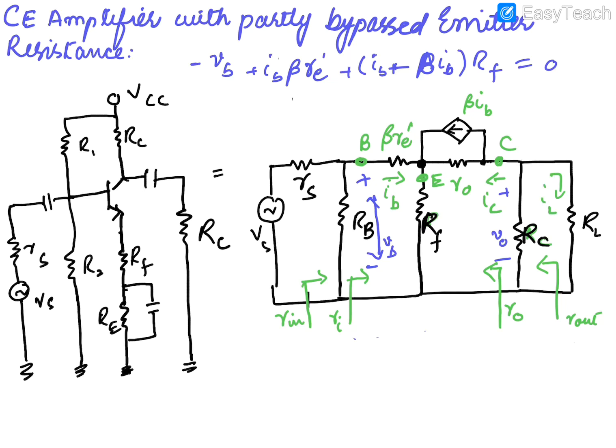So here is the equivalent model for this common emitter circuit with partly bypassed emitter resistance. So we will use the same model for common emitter configuration, in which between base and emitter is beta RE dash, and as we have seen, from emitter to ground is connected RF. From emitter to ground, this is the ground terminal.